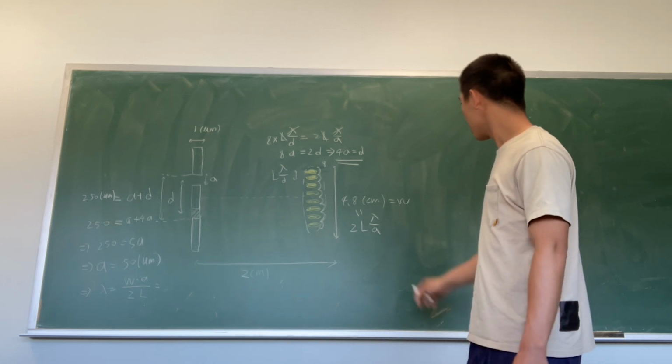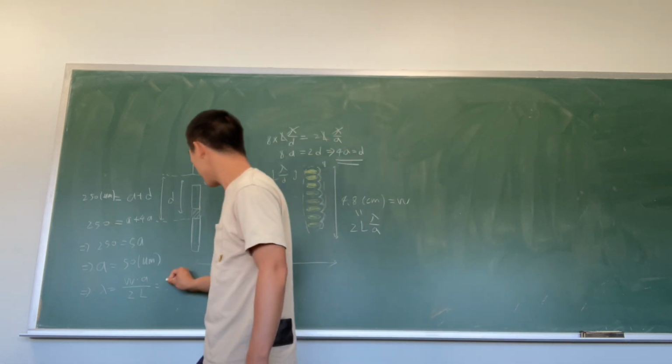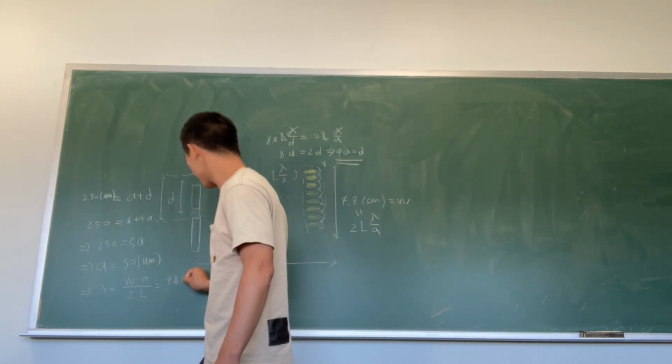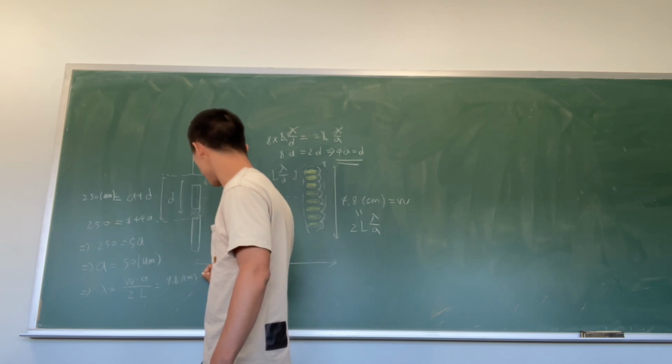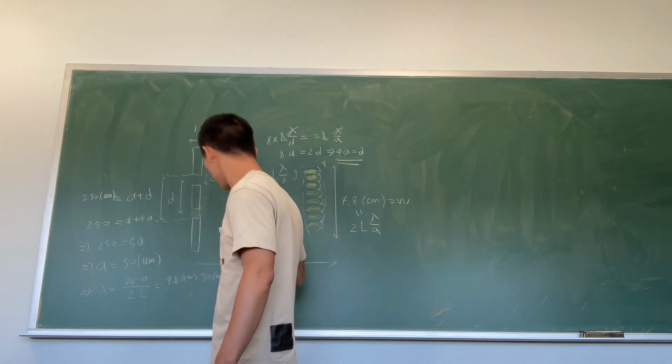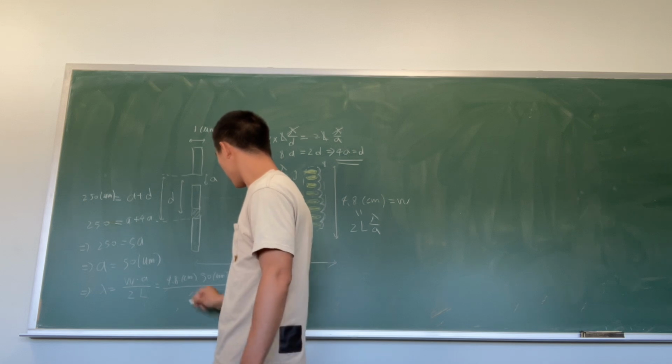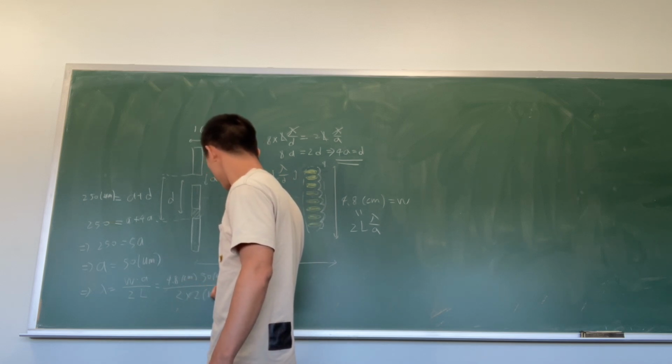So plug in the numbers: W is 4.8 centimeter, A is 50 micrometer, L is 2 meter.